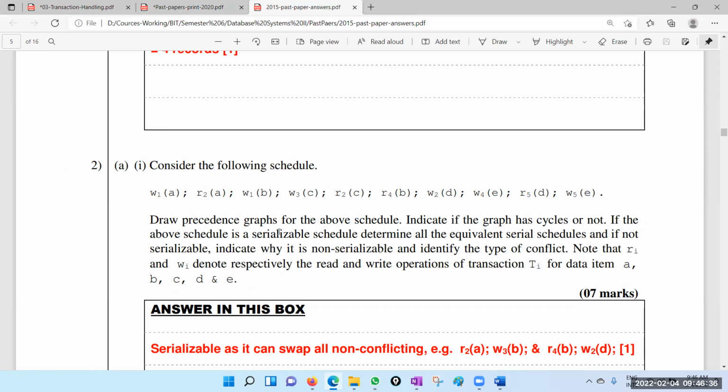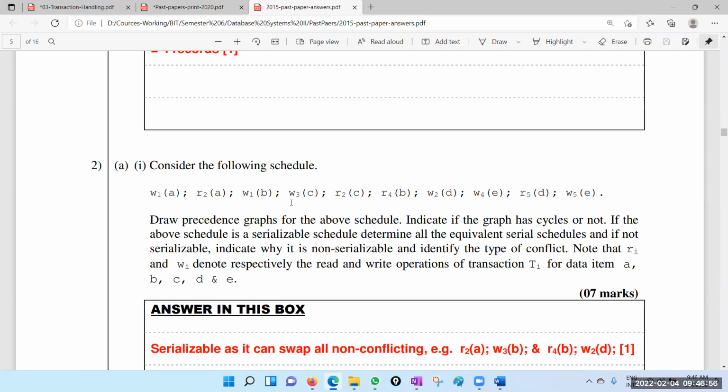If the above schedule is a serializable schedule, determine all the equivalent serial schedules, and if not serializable, indicate why it is not serializable and identify the type of conflict. Note that Ri and Wi denote respectively the read and write operation of transaction i.